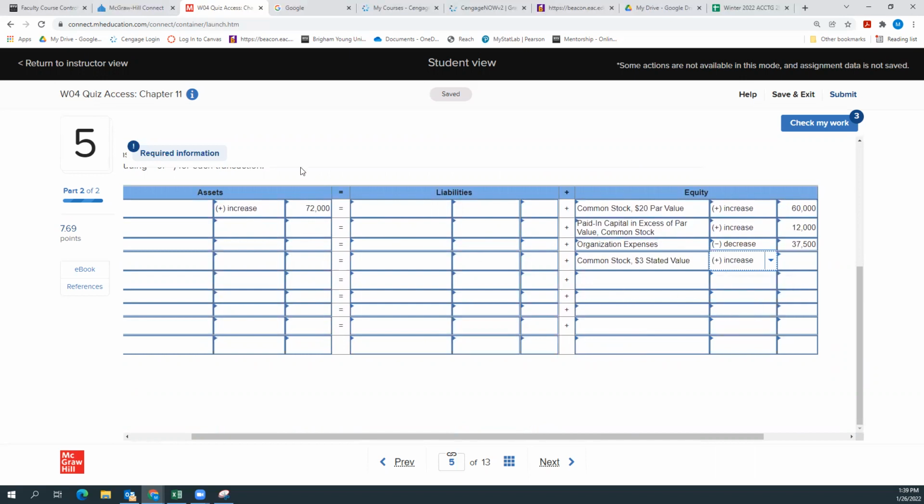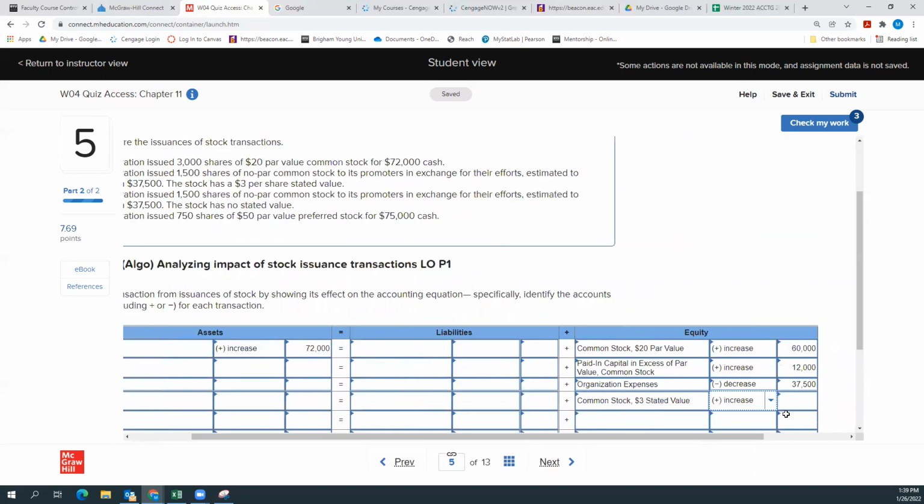It was $3 times 1,500 shares, so 3 times 1,500 is $4,500. And then finally, since we got $37,500 worth of value from this, any difference between the stated value of the stock and the value we got is going to be paid in capital in excess.